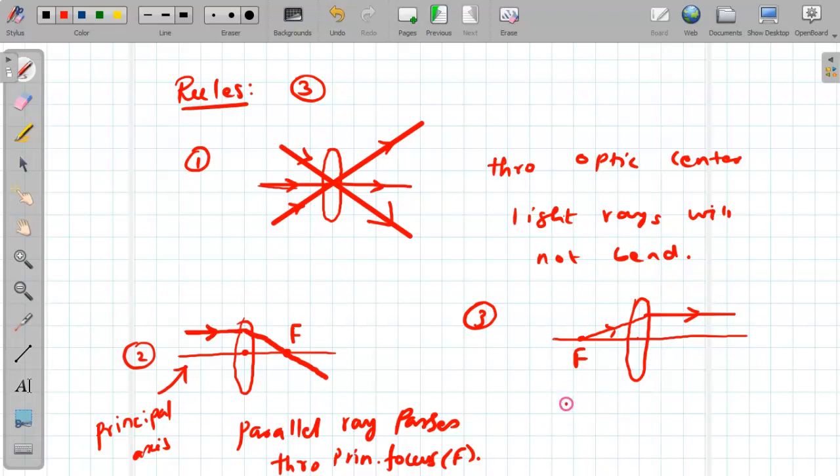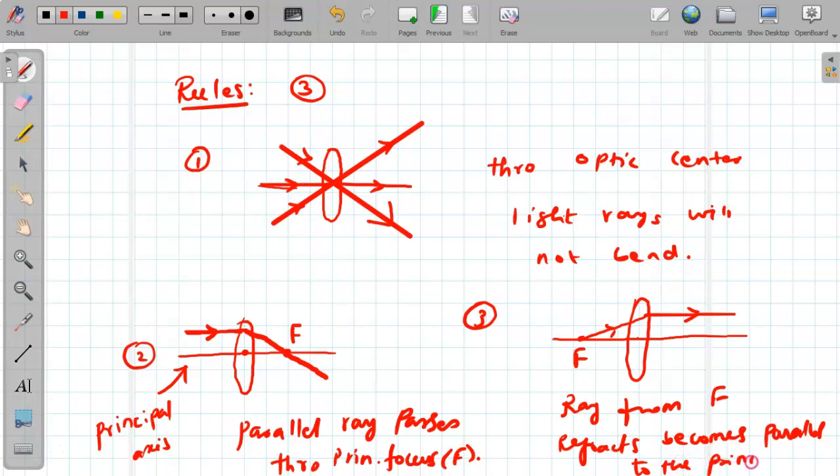So a ray from the principal focus refracts and it becomes parallel to the what? To the principal axis. Okay, so these 3 rules are important to draw the ray diagram.